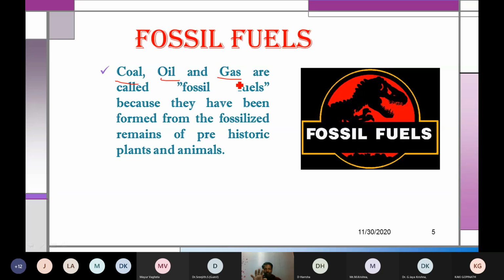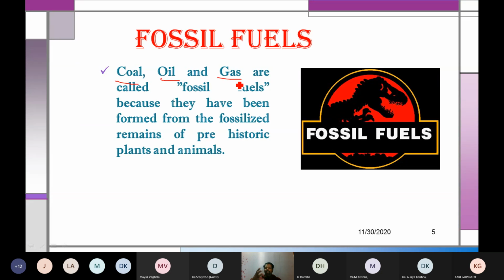Coal you'll use for thermal power plants. Oil is used for your vehicle: petrol, diesel, for your aircraft, for your ship, everything. Then gas, that's the natural gas which we have nowadays. We are using it for vehicles and for homes also. All these things come under fossil fuel.